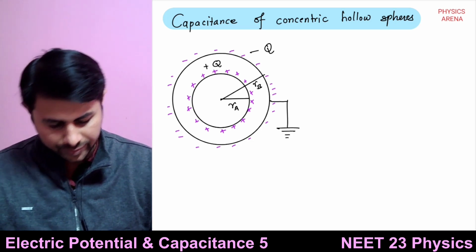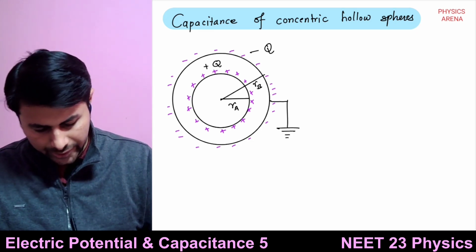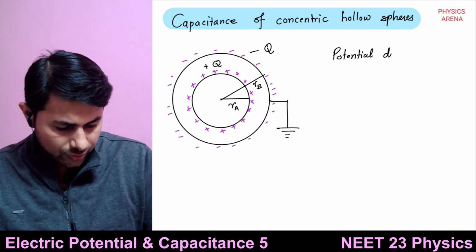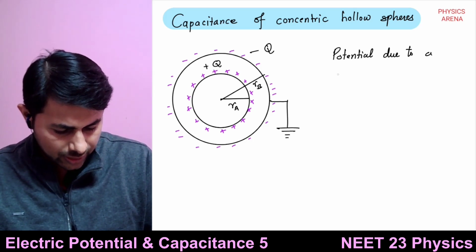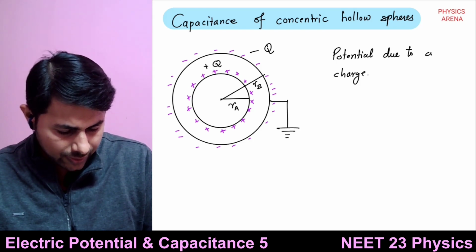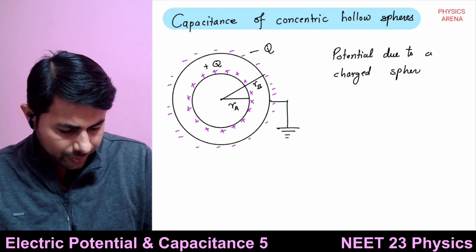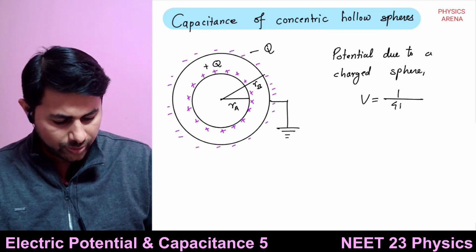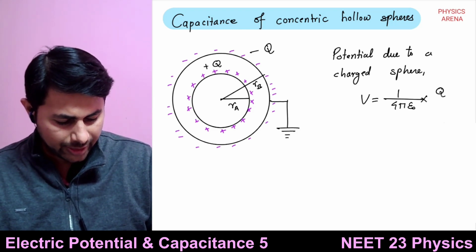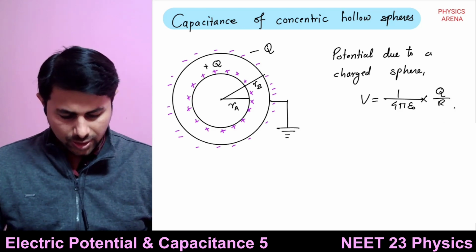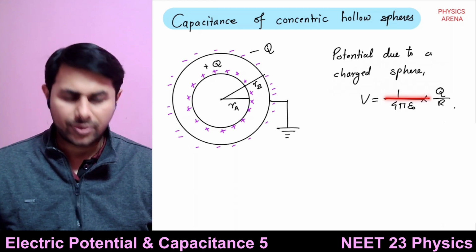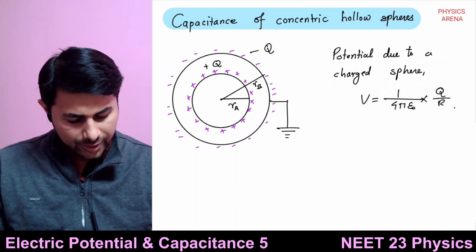So we know the potential due to a charged sphere. Let's use this formula: potential due to a charged sphere is 1 upon 4 pi epsilon naught multiplied by Q upon R.